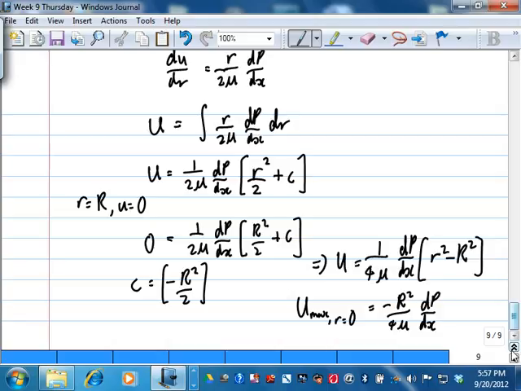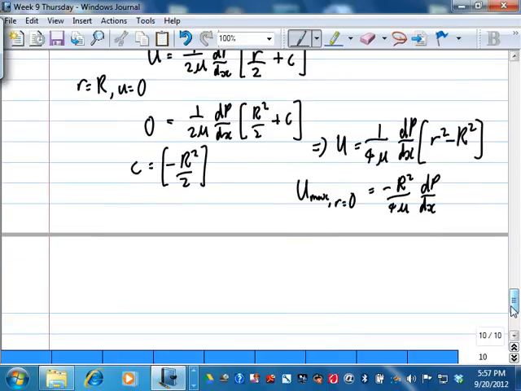So u mean times area is equal to the integral of u dA. That's the definition of mean velocity. Rho u mean times area is m dot, and this is the integral of rho u dA.